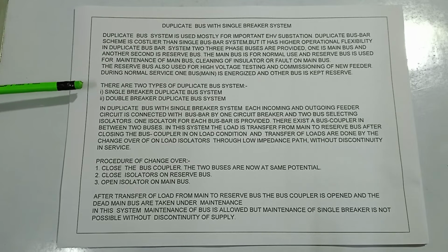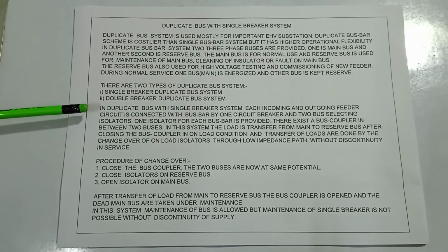There are two types of duplicate bus system. First, single breaker duplicate bus system. Second, double breaker duplicate bus system. In duplicate bus with single breaker system, each incoming and outgoing feeder circuit is connected with the busbar by one circuit breaker and two bus selecting isolators. One isolator for each busbar is provided.